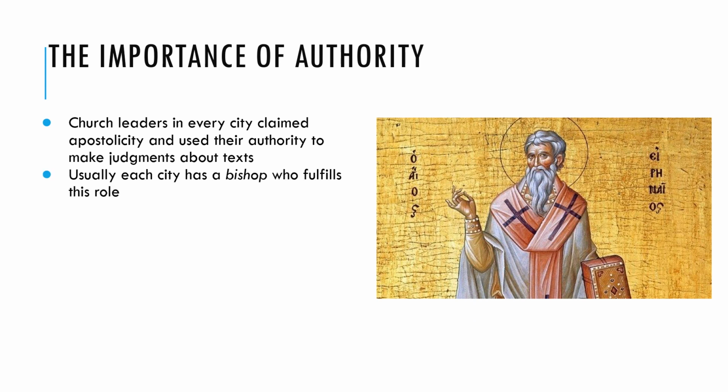But each city then is going to have someone, usually a bishop, who's kind of the center and the locus of this type of authority. This is the person who is entrusted with the true message of the apostles.